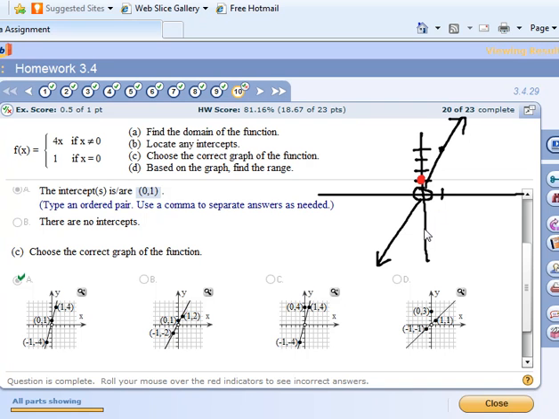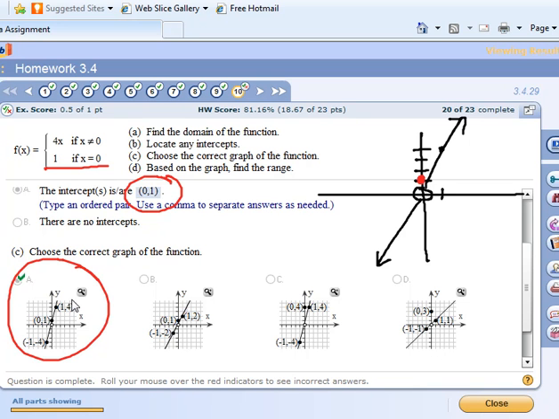So now we can look and figure out which one of these is our graph, and it looks like it has to be this one, where we're using everything as y equals 4x except that point 0, 0, and then our y-intercept would be this part of the line right there. Now by doing the graph first, we can just read off our x and y-intercepts, and in this case the only y-intercept we have is right here at 0, 1.